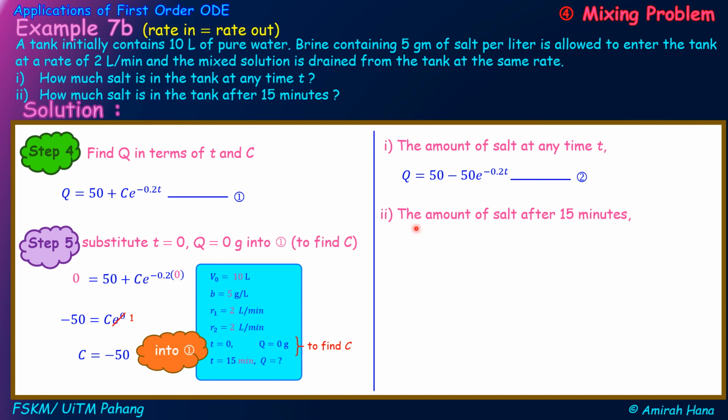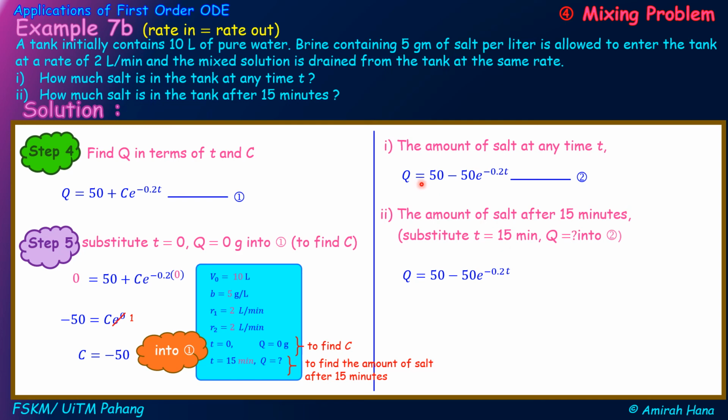So for the amount of salt after 15 minutes, we need to substitute t equals 15 minutes into equation 2. So this information we substitute into equation 2 to find the amount of salt after 15 minutes.